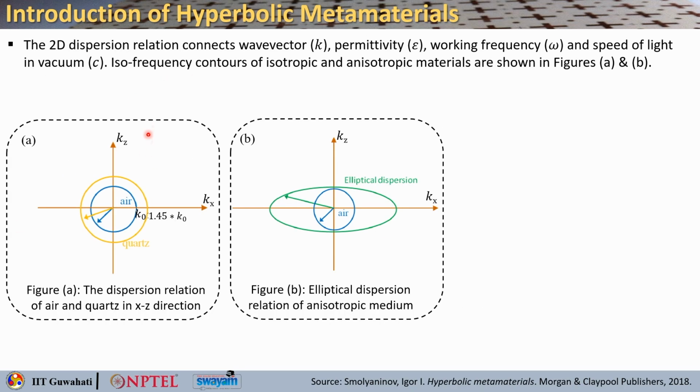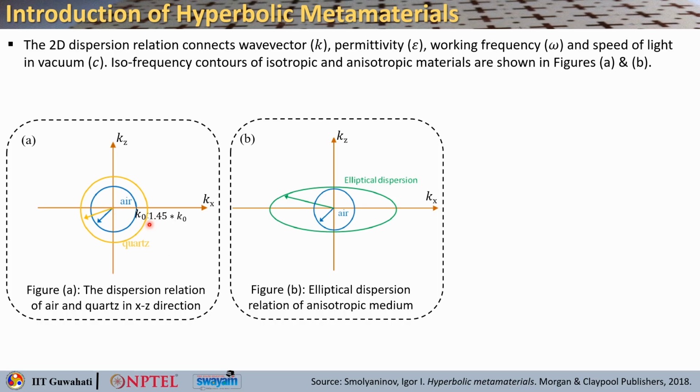So, here you can see the 2D dispersion relation that connects momentum. This is basically the dispersion relation of air and quartz. This is the K-space diagram. These rings are telling you about the permittivity or the refractive index.